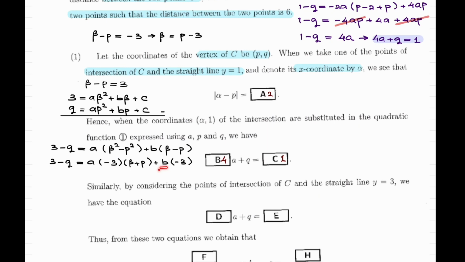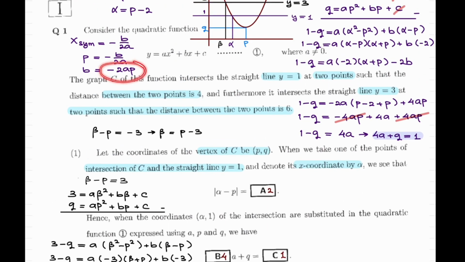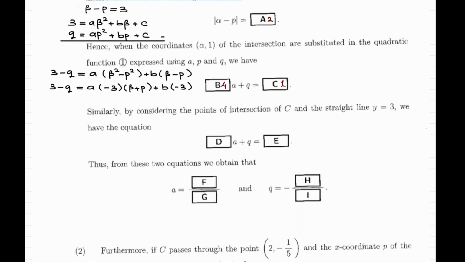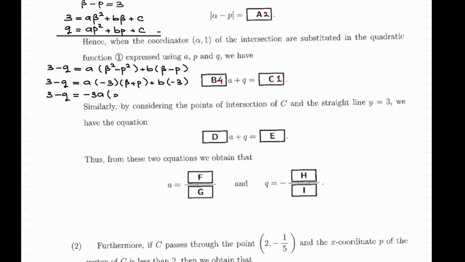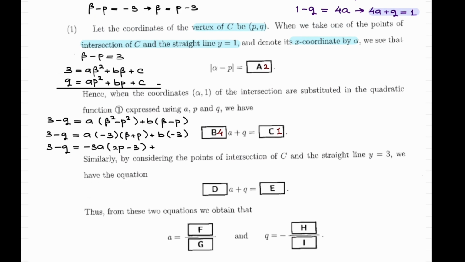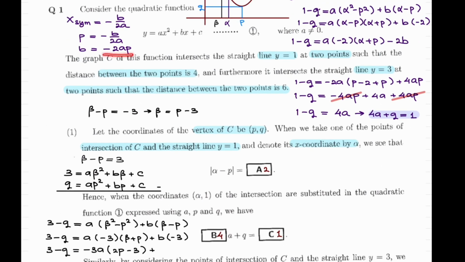And also for b here, you can use the fact that b equals negative 2aP. So by using the same process, you will obtain 3 minus Q equals negative 3a times beta plus P. Beta is P minus 3 plus P, I will directly write down here as 2P minus 3, plus b, which is negative 2aP, times negative 3.